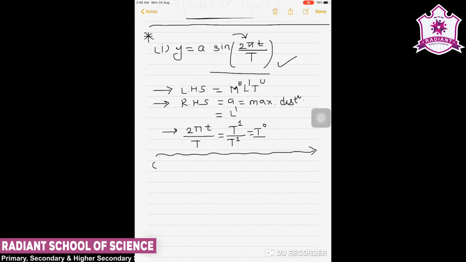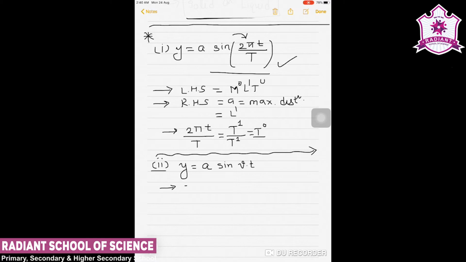Now we will compare it for the second equation. In the second equation they have represented it as y = a sin(v t). Here they have explained that v is a velocity and t is a time. So now we check the dimension of v into t.